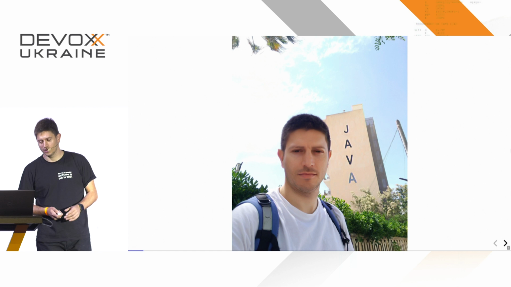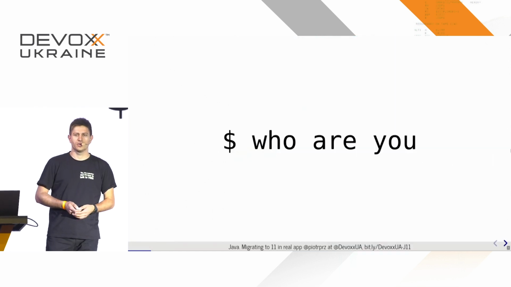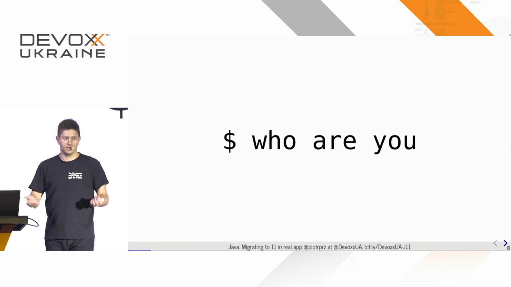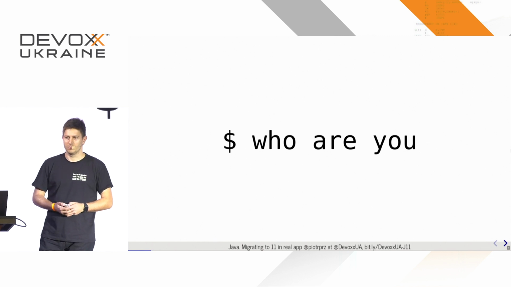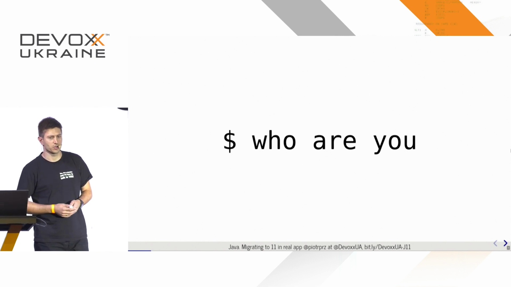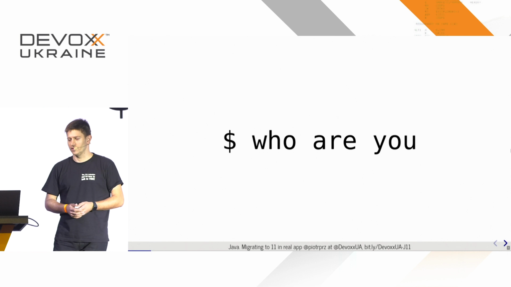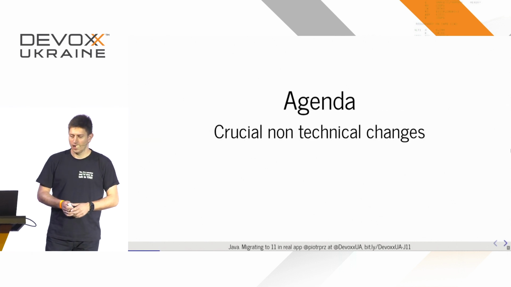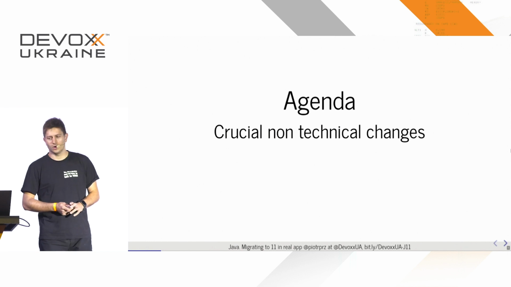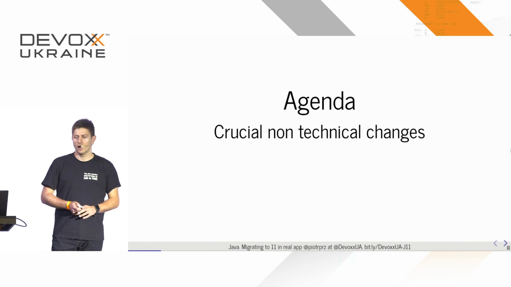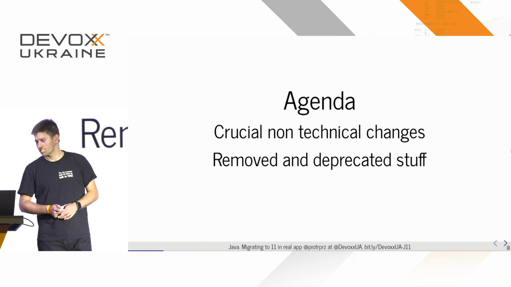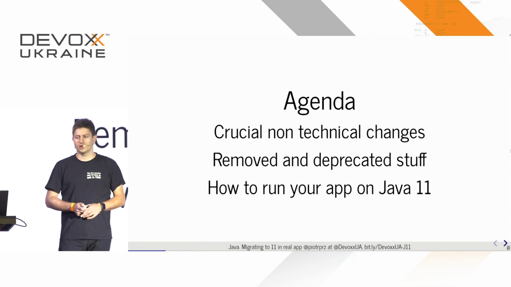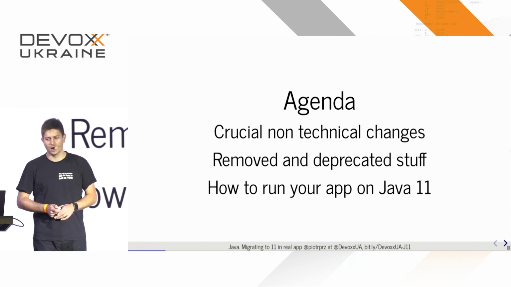so be careful, guys. We've already covered who you are, because we did this little voting before, so we are mostly Java developers who want to run their stuff on Java 11, and that's cool. So agenda for today. We're going to talk about crucial non-technical changes, about removed and deprecated stuff, and also how to run your application on Java 11.